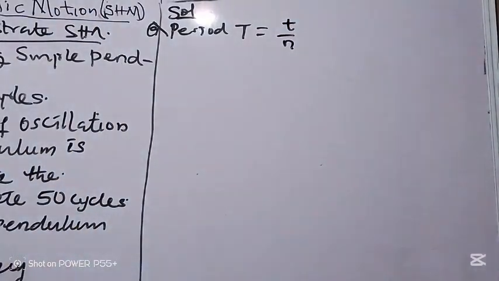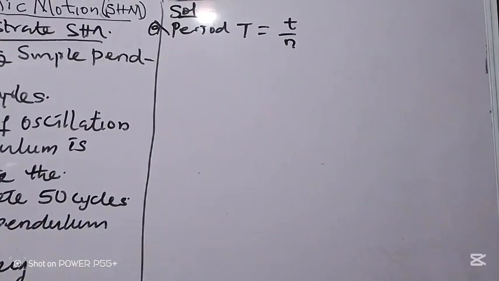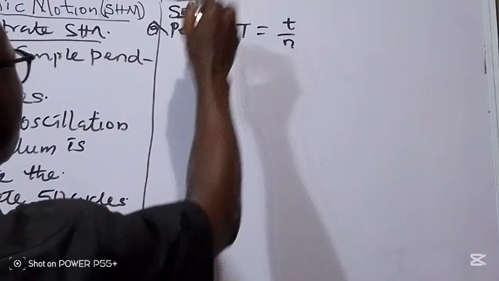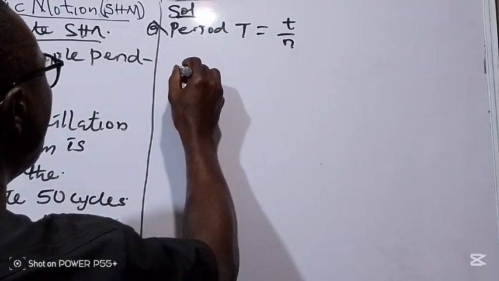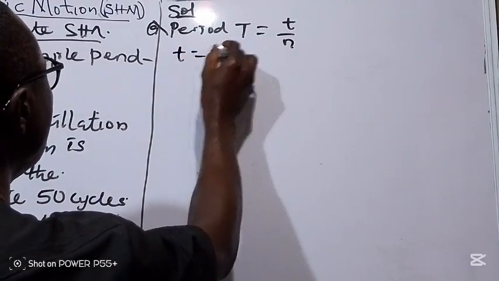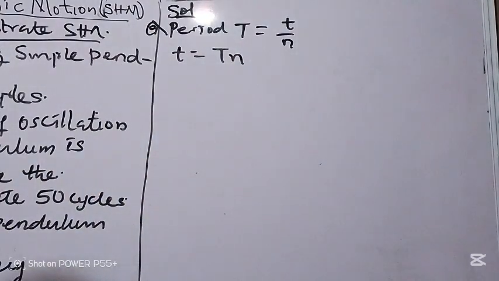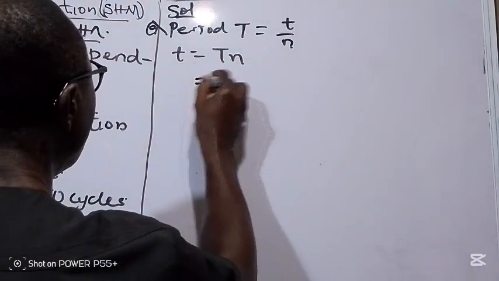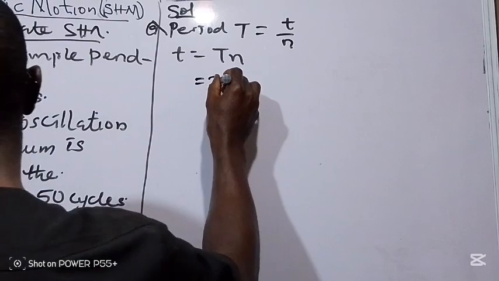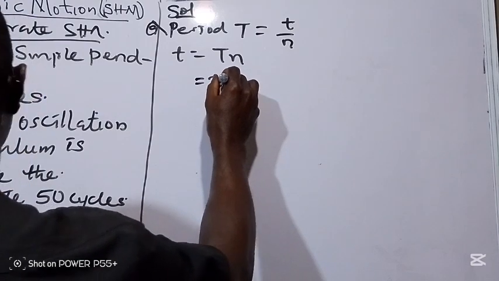And what is our t? We have to calculate t. So make t the subject of the formula, then t is equal to T multiplied by N. So this gives us 2.15 multiplied by 50.